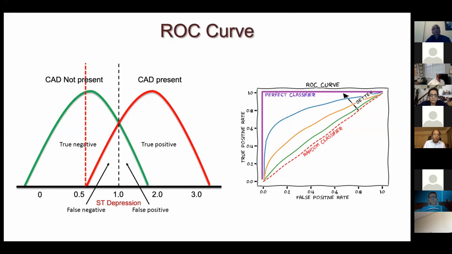If you make the criterion 0.5, you want the test to be more sensitive. You don't want to miss any CAD patient. So if you set the criterion at 0.5 millimeter ST depression, it will include all patients of coronary disease, but it will also include a large number of false positives who don't have disease.